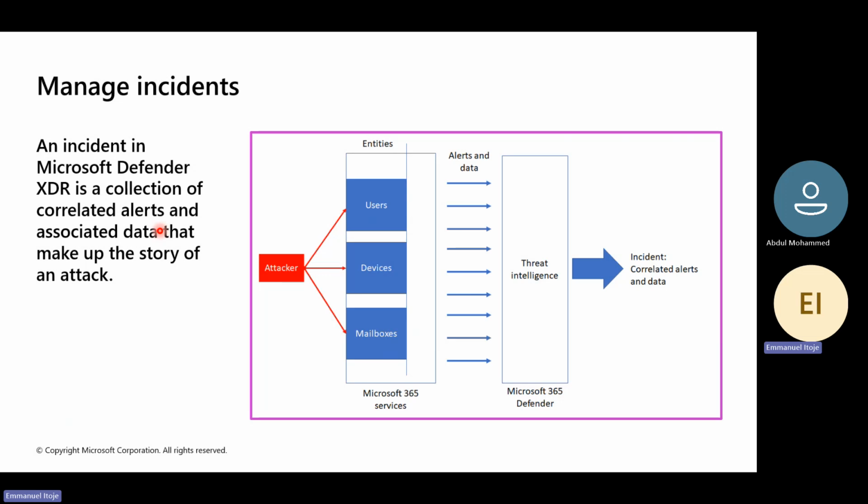So it's going to do what? It's going to group related alerts into an incident, and give the security defender a comprehensive overview of an attack, right? An incident in Defender is a collection of correlated alerts and associated data that make up the story of the attack.